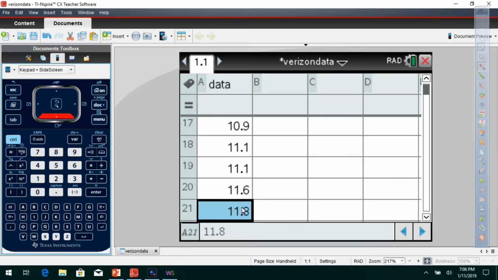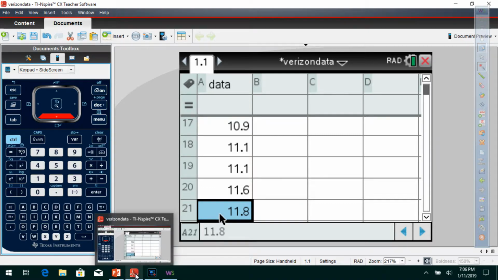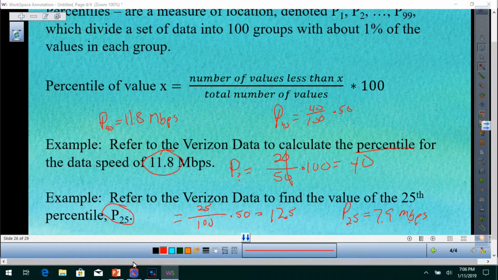And 21 is, so I want above 11.6. The next number is 11.8, and halfway between those would be 11.7. So that was 20, okay?